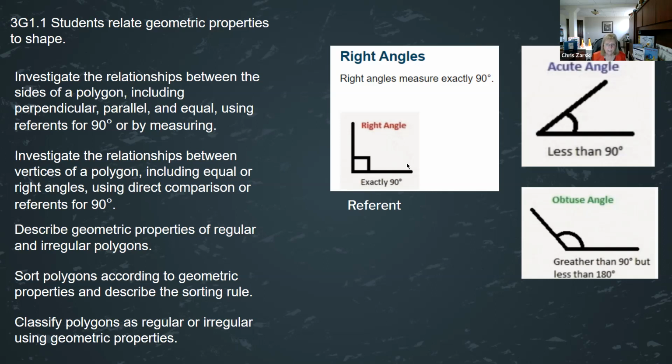So remember that something to be defined as a regular polygon means that all the sides have the same length all the way around. And all the angles in that shape are the same, not always right angles. In a square, they're all right angles. So some people say, well, a rectangle is a regular polygon.